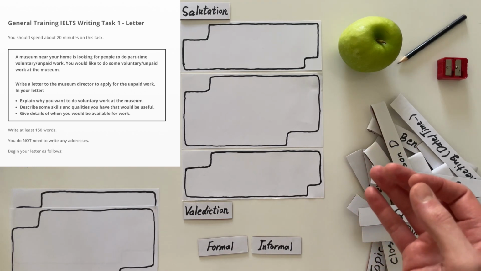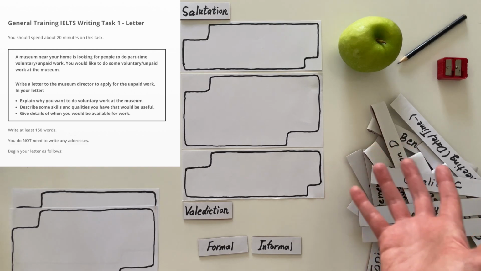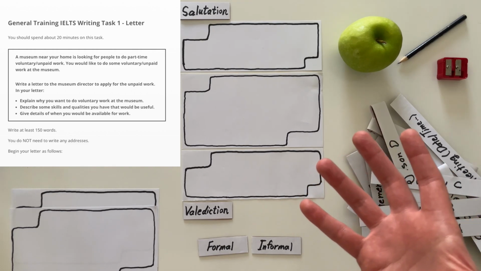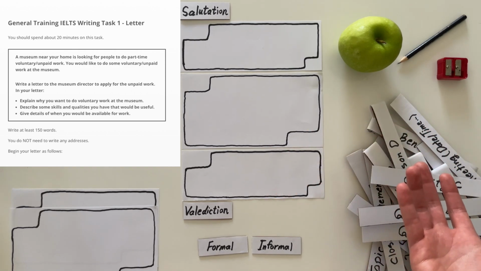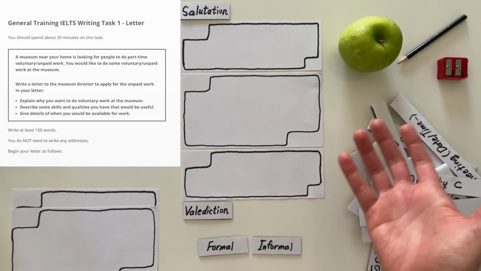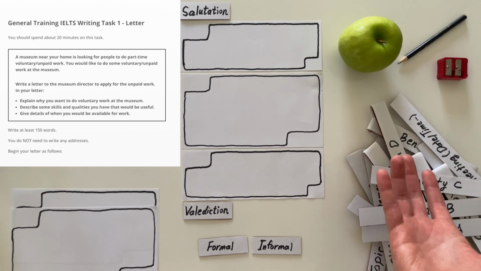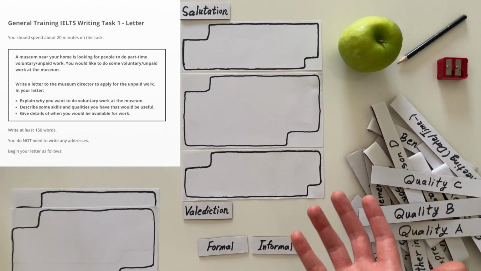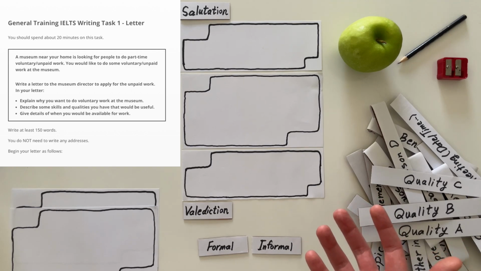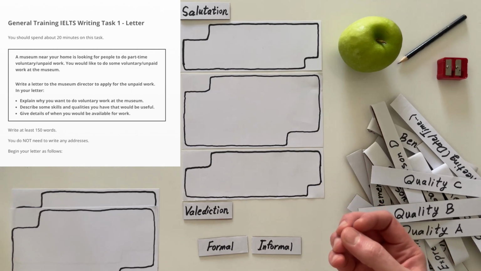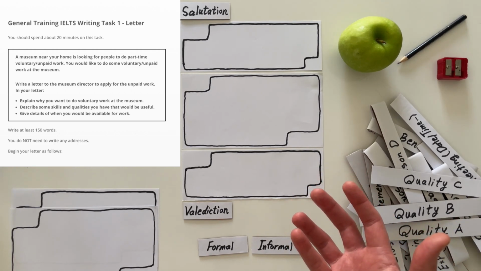They have valuable items there, items that can, I don't know, be valued at $1 million, hundreds of thousands of dollars. So this is a sensitive organization. You need to reflect that in your letter. This is key.